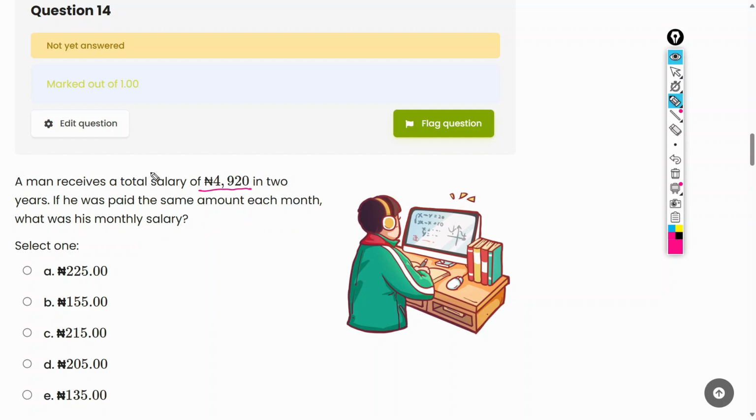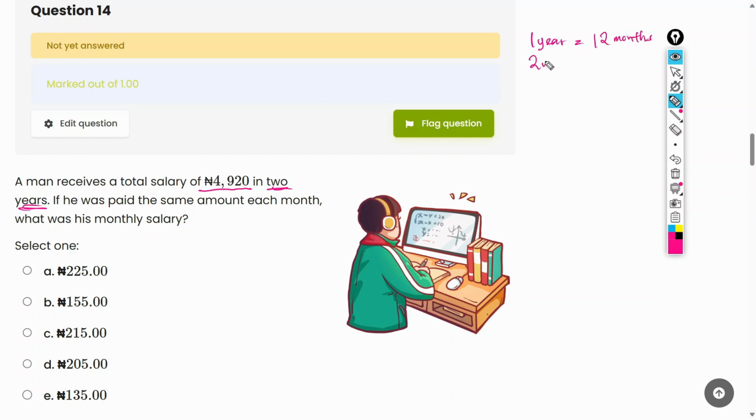So he was paid a fixed amount every month for 2 years, and that gave us this. So we want to find out how much his monthly salary is. First thing we need to figure out is how many months are there in 2 years. We know that in 1 year we have 12 months.